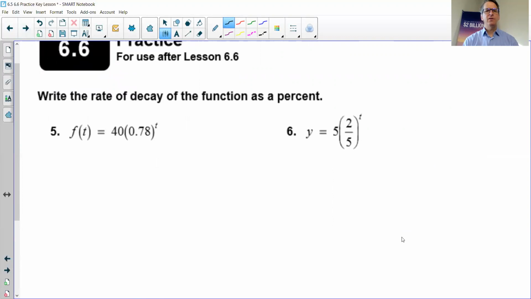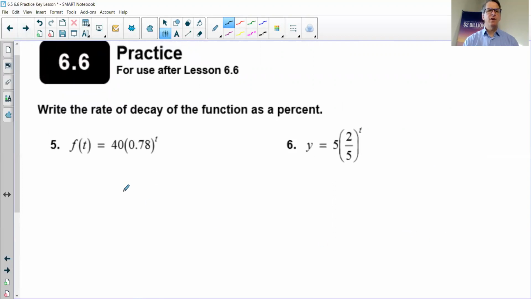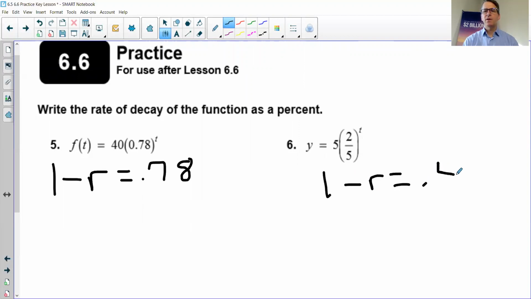3 is growth, and 4th is decay. Write the rate of decay as a percent. Okay, so the rate of decay in this case is 1 minus the r is equal to 0.78. Likewise over here, 1 minus the r is going to be 0.4. I took 2/5 and I changed it to a decimal, 0.4.